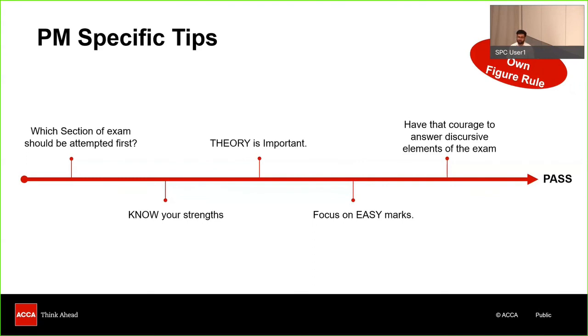So when it comes to step number 3, do not waste your time. Wasting time simply means that your chances of passing the exam are going down.